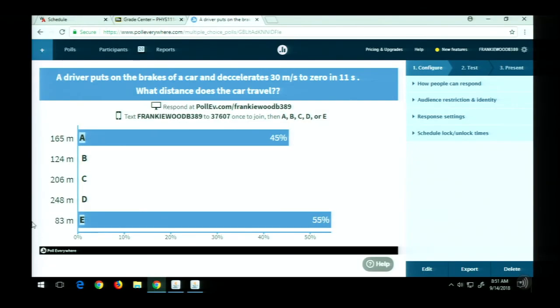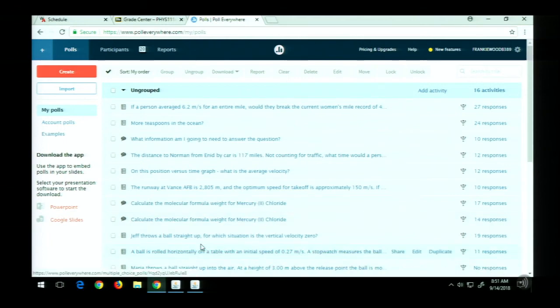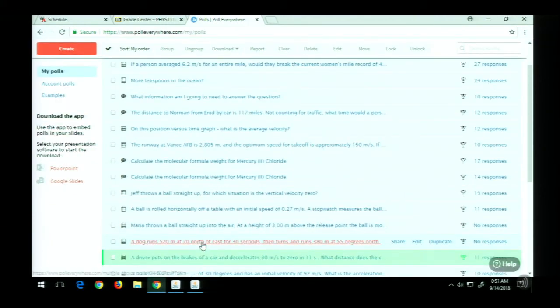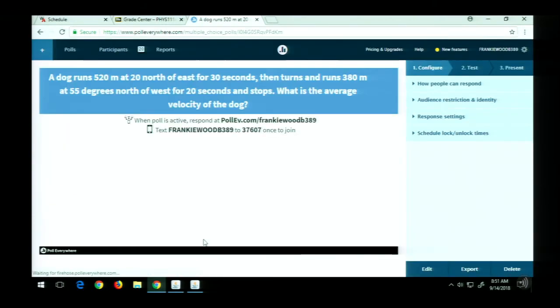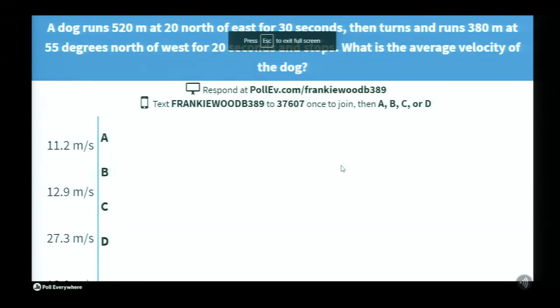Okay, last one. This is a vector problem. I saved it for last. Okay, we've got a dog running 520 meters.